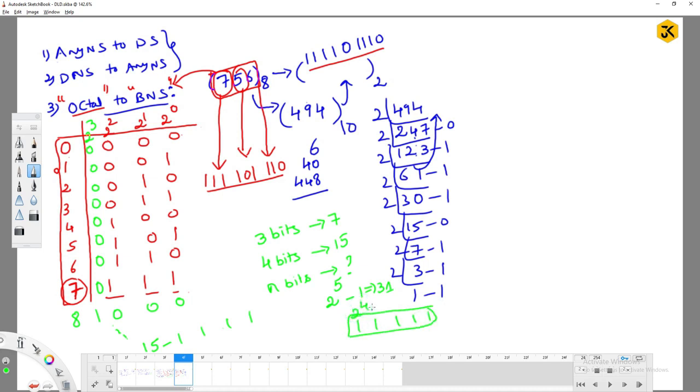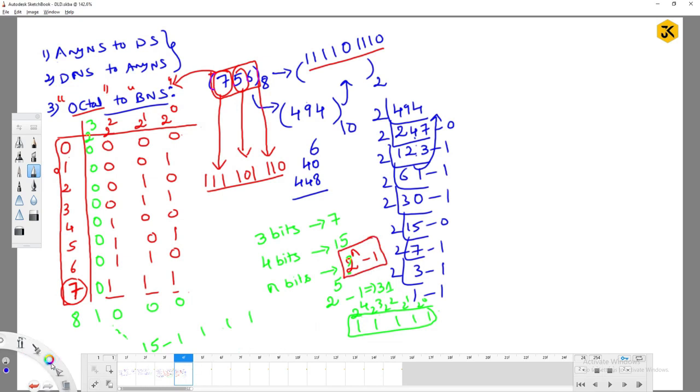This is 2 power 4, 2 cube, 2 square, 2 power 1, 2 power 0. 16 plus 8, 24. 24 plus 4, 28. 28 plus 2, 30. 30 plus 1 is 31. So if I have an n bit space, I can generate a maximum of 2 power n minus 1. This is important.